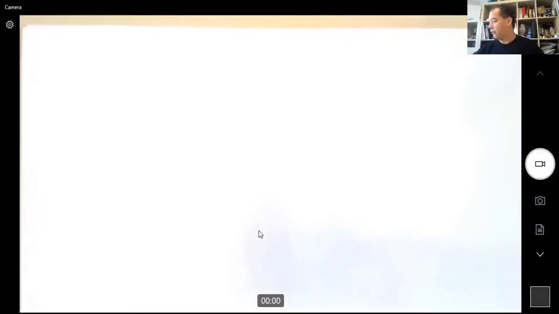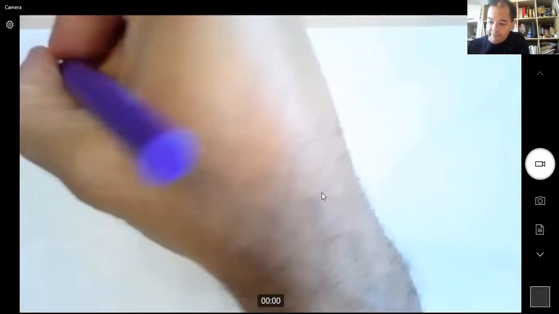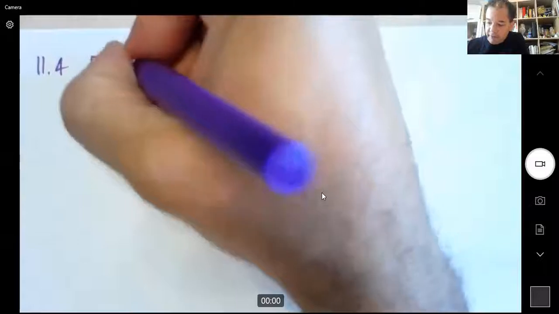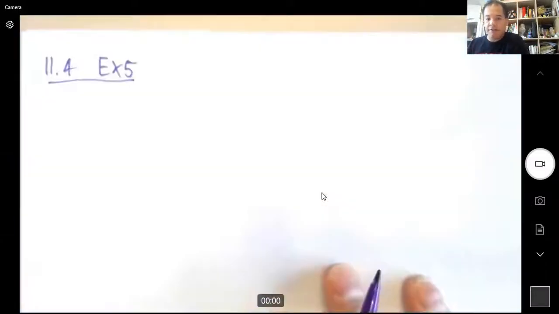All right, so here's what we're going to start with. We're going to start with example 5. This is 11.4, example 5. And what it says is the following.